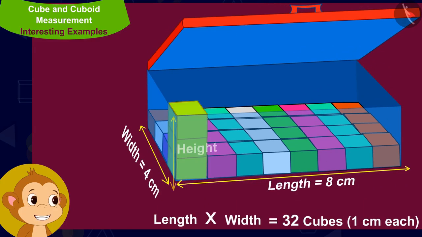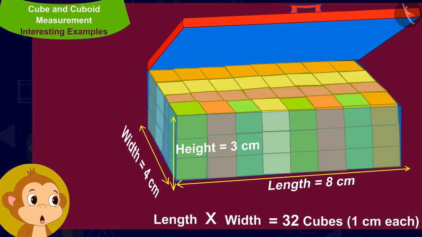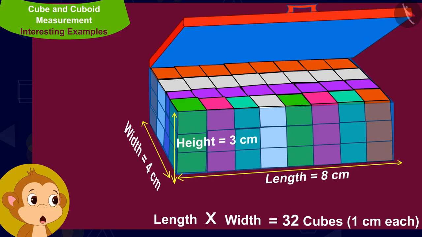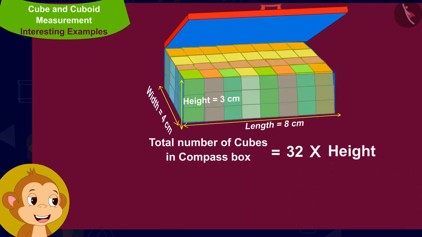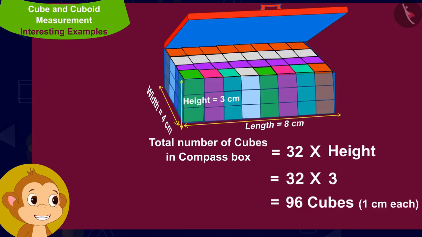Now, the height of the compass box is 3 centimeters. This means that there are 3 such layers of cubes of dimension 1 centimeter each. That means each box would have a total of 32 times 3, 96 cubes of dimension 1 centimeter each.